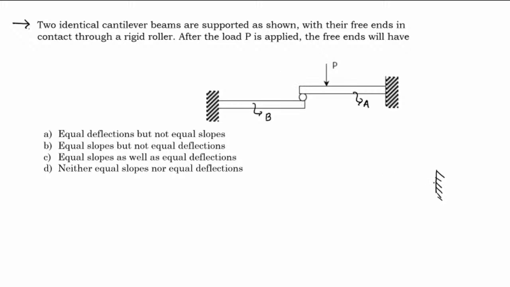So let me just draw the free body diagram. This load P may be acting at the mid span or maybe at two-thirds of the span. Wherever it is, that is not the question. When P acts here, there will be a normal reaction at the roller.